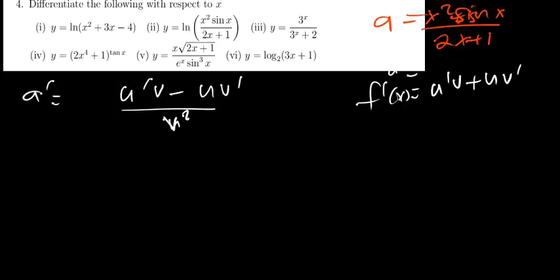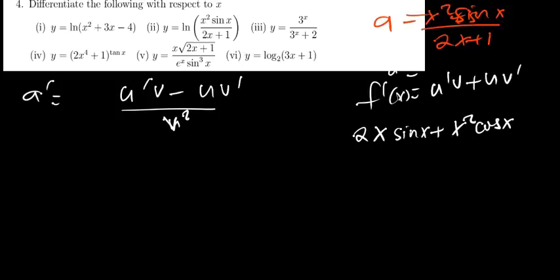I'll assume that u is x squared, so u prime is 2x. You keep v, which is sine x, then plus u, which is x squared, times the derivative of sine, that is cos x.